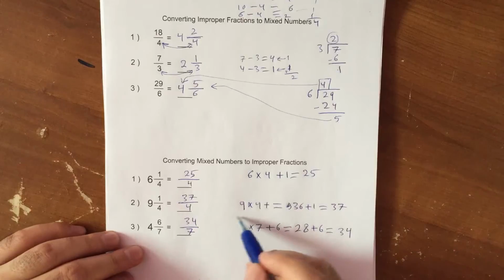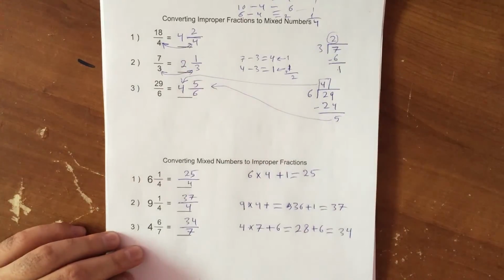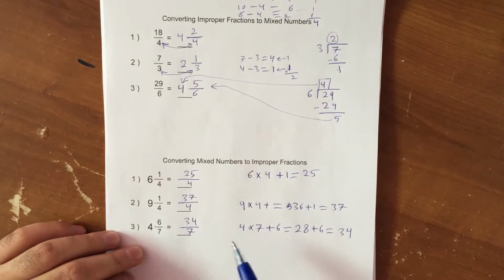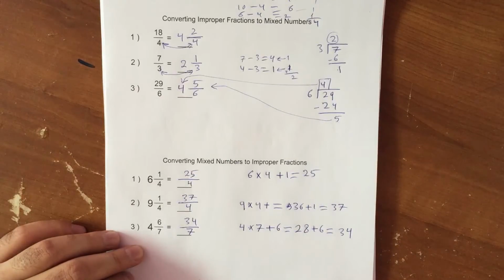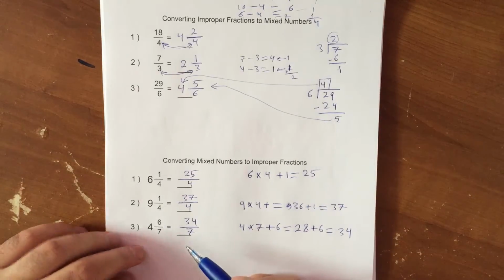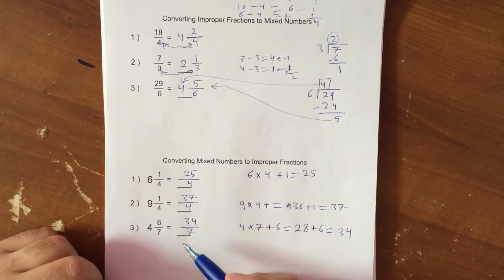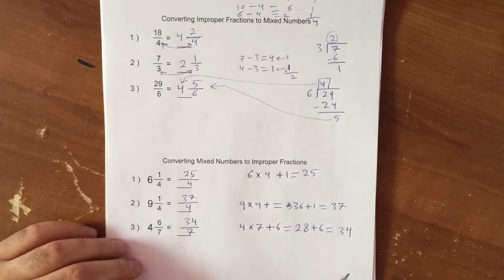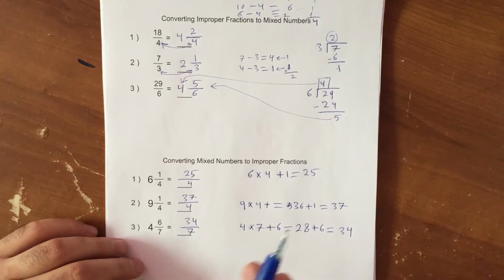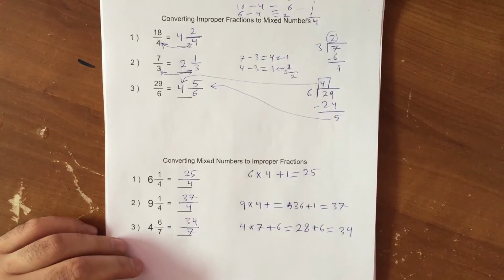So I think this one is easier than converting an improper fraction to a mixed number. But if you practice more, I will provide some links where you can practice more to familiarize yourself and get the hang of it. And once you practice a lot, it will be much easier than it looks in here.